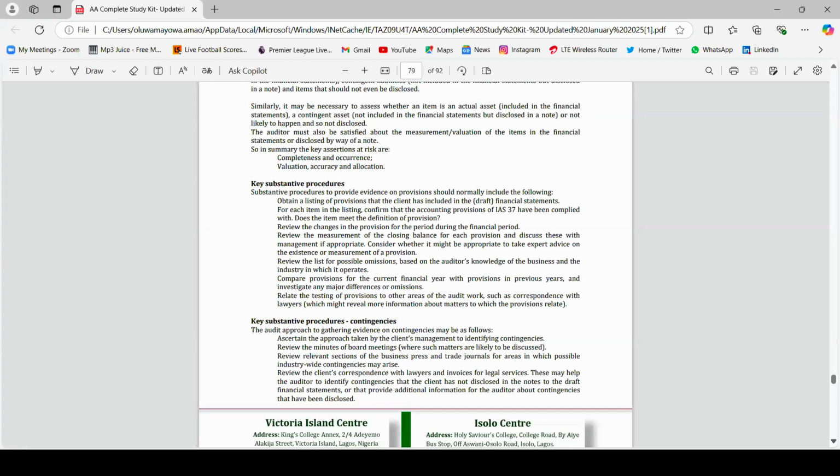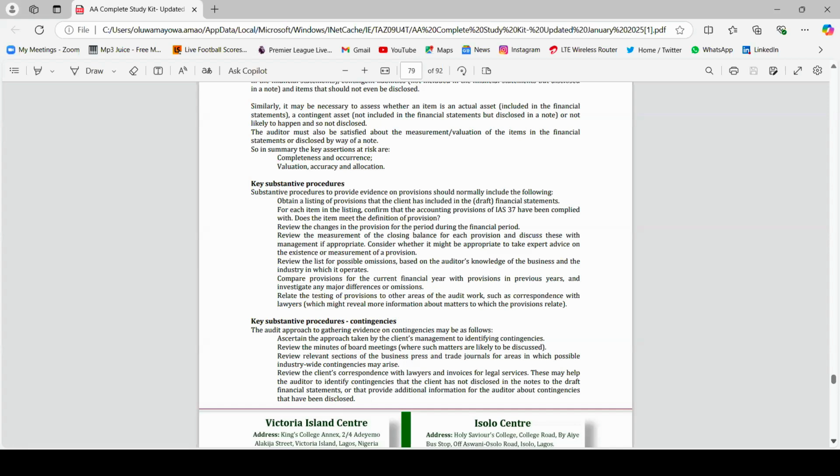Check that the definition of provision based on standard is met by the client. So what the client is calling provision in their book, does it meet the standard definition of provision based on IAS 37? Then the third thing, you want to review the changes in the provision for the period.